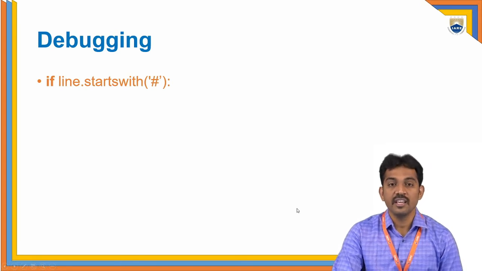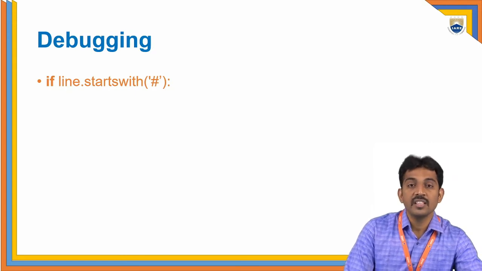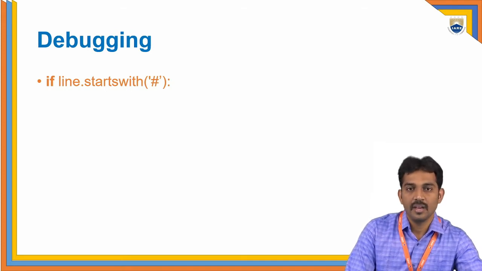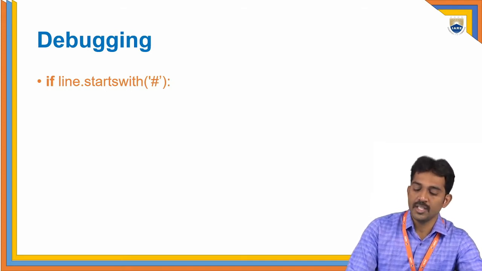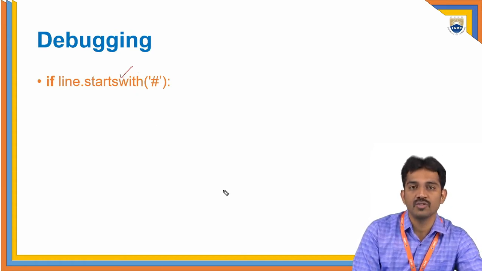First one is if line startswith hash. This will work. Even if the string is a null string, it doesn't affect anything. Please note this. By using the startswith function, you are going to solve that kind of situation.